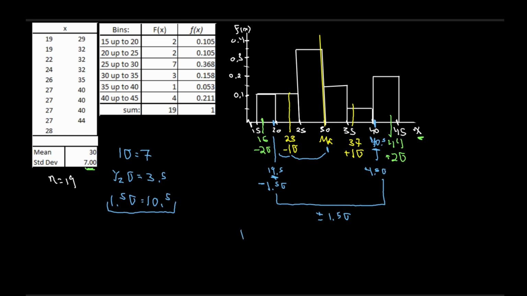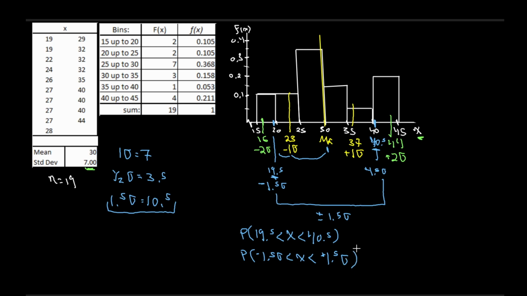So we're looking at, what is the probability that 19.5 is less than x, which is less than 40.5? That is, to put it a different way, the probability that we are between negative 1.5 standard deviations less than x, which is less than plus 1.5 standard deviations.